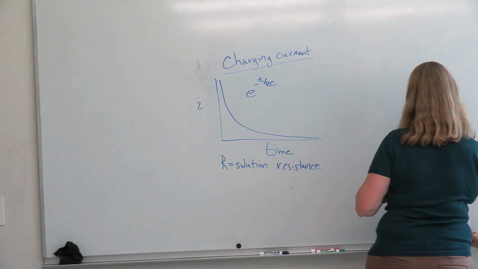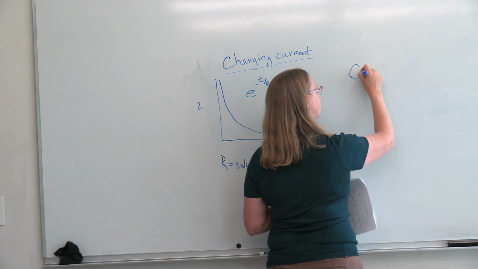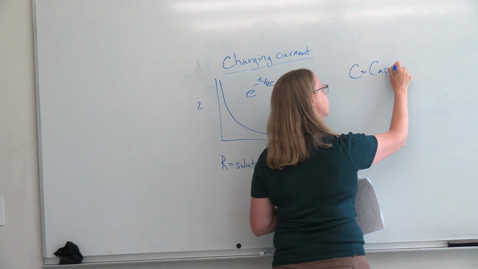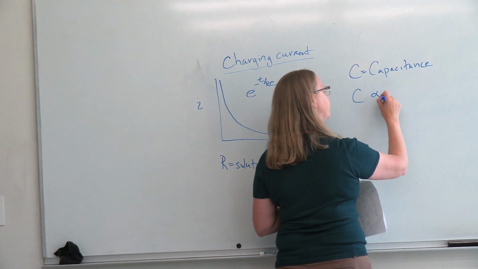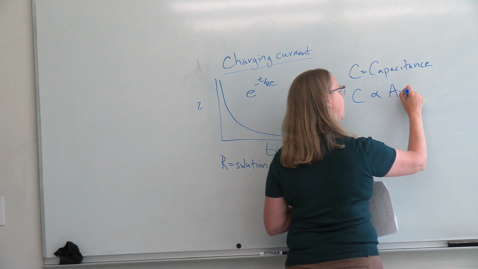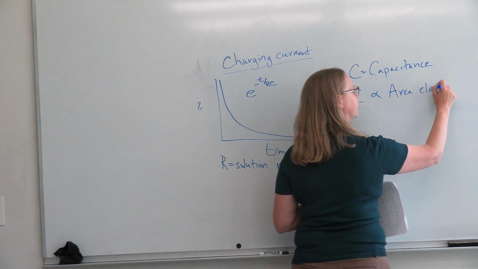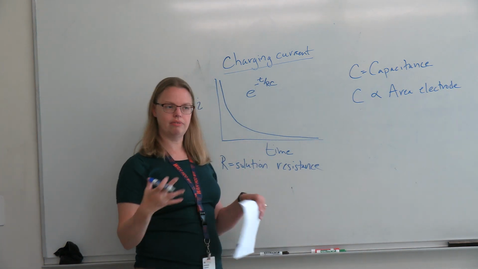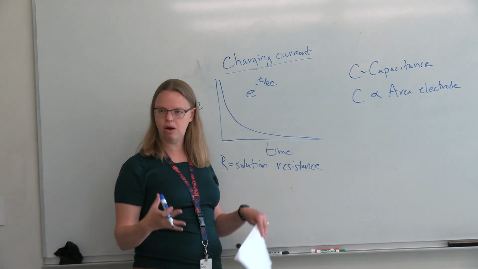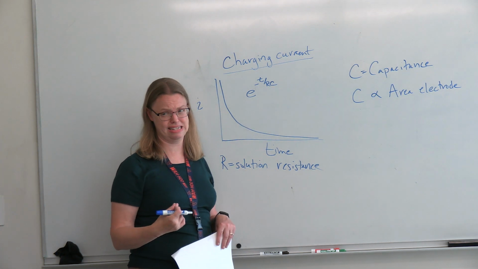C, right, is capacitance. And capacitance is usually proportional to the area of your electrode. So if you have a big electrode, you'll have a big capacitance. If you have a small electrode, you'll have a small capacitance.